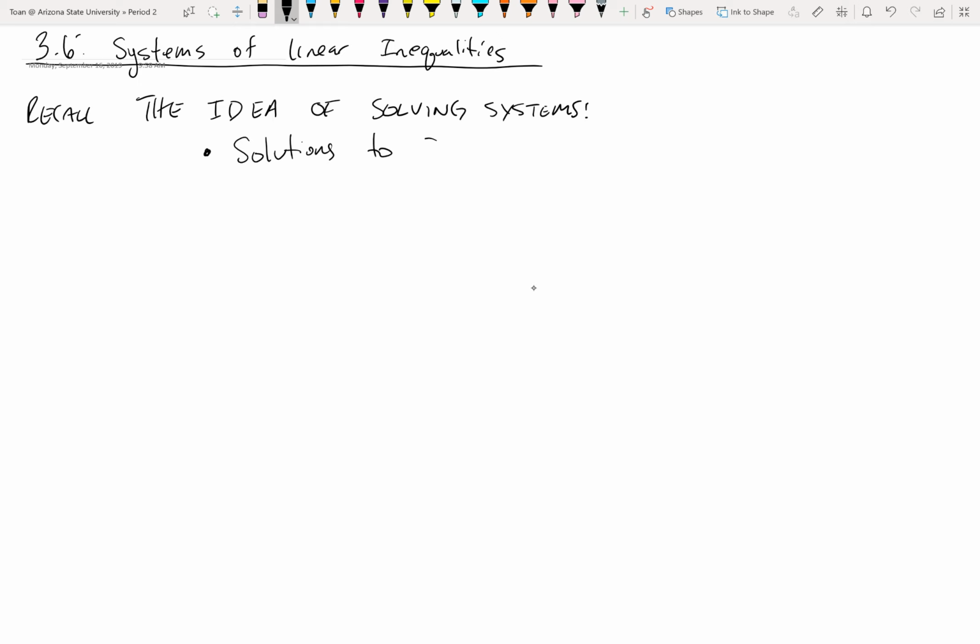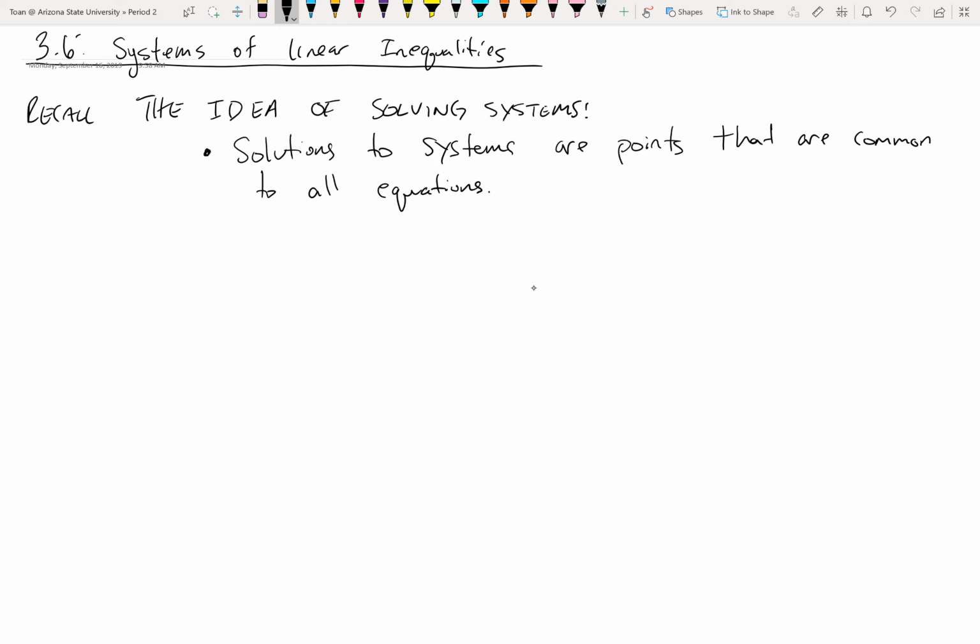Solutions to systems are points that are common to all equations. If we were solving two-equation systems, it was common points between two equations. It could be common points between three equations, four equations, and so on and so forth.